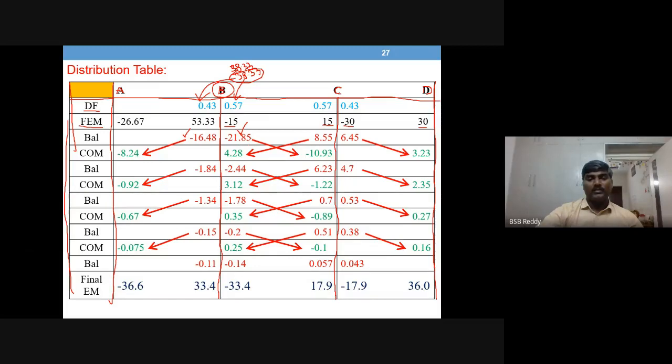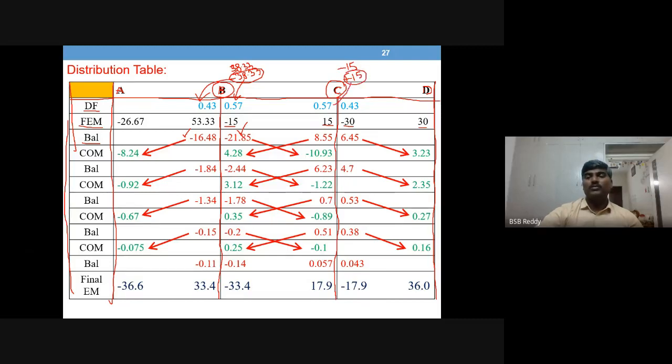Okay, so this is about balancing at joint B. Same here, take joint C, balance this value. What is the total value? Plus 15 minus 30 means what? Minus 15 is the balance value. So to make it 0, you are adding plus 15.